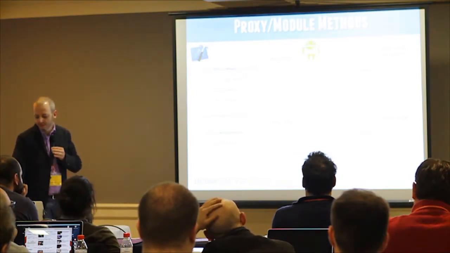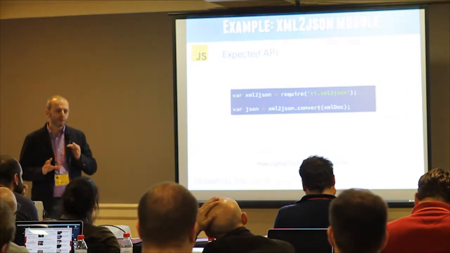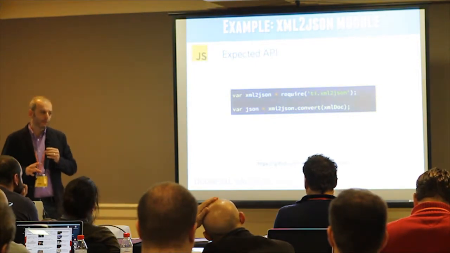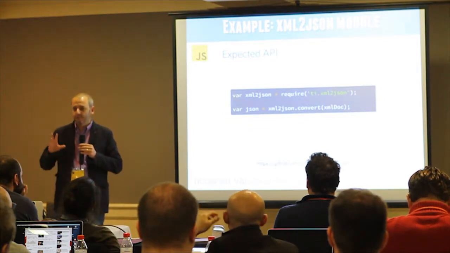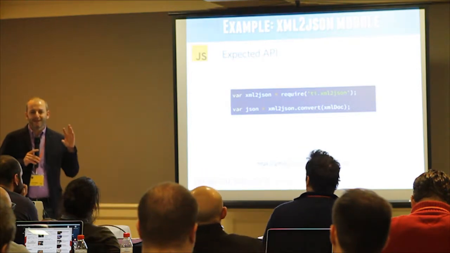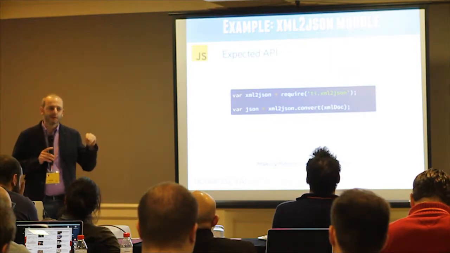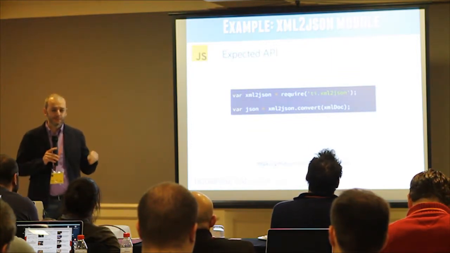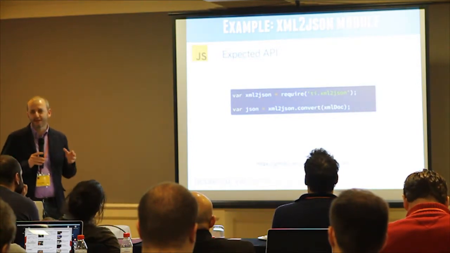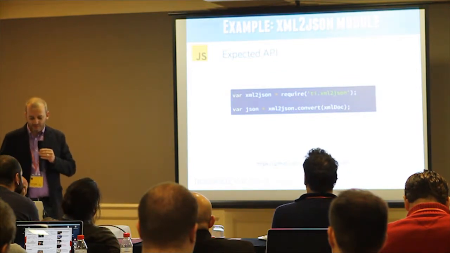So basically, let's do an example to see how we can map the JavaScript code we have in mind onto actual native code. Let's say, for example, that we want to create a module with a very basic method that allows us to convert an XML string into a JSON object, which is very handy because actually processing XML is not so easy and it's a bit cumbersome.